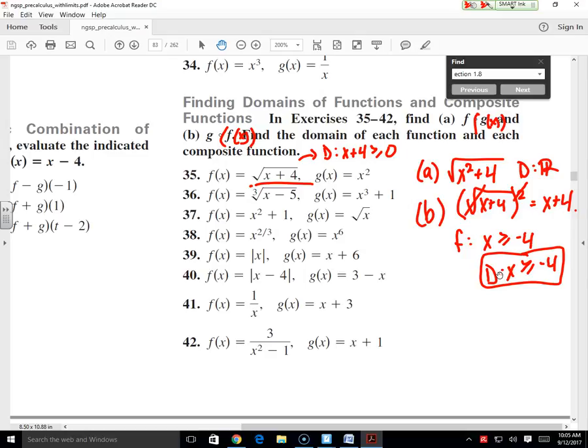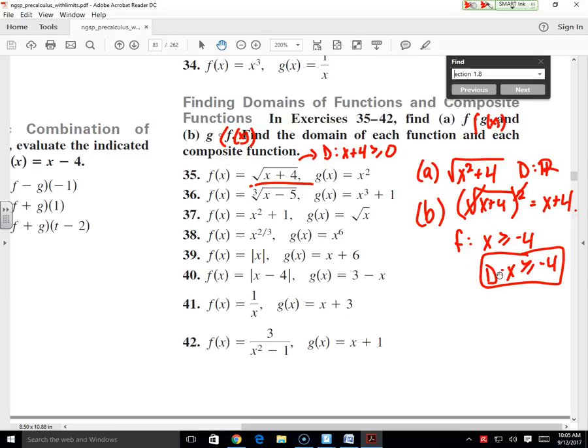Plugging that in, it ended up that G was able to help out and take away those problems, but the problems were there to begin with. So I have to say X is or was originally restricted to B, and just because plugging in took that problem away does not mean that those original X's were still allowed or are still allowed to be included. They still have to be excluded.